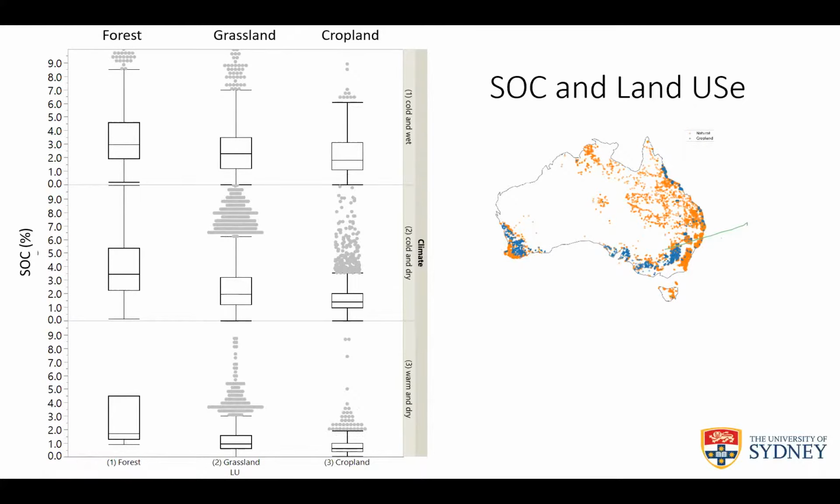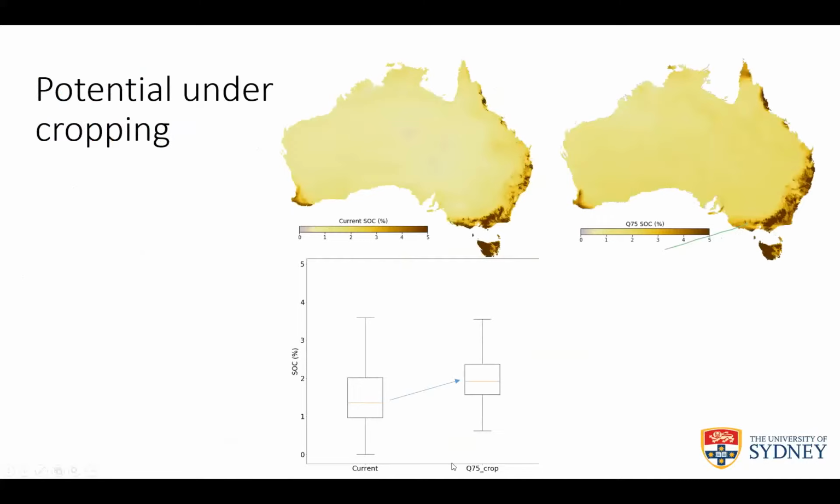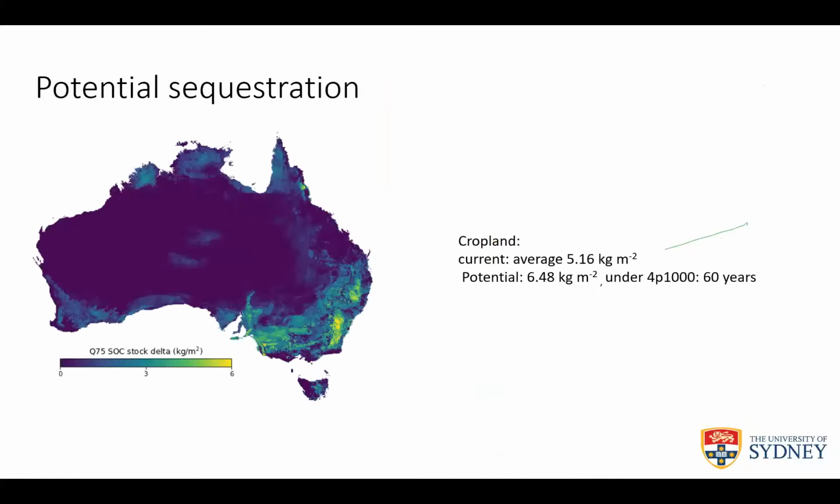So this is what we meant by you have to recognize that this is the current and this is the achievable curve. That means that if you look at the soil texture, the climate, and the land use, you can look at how much you can potentially increase. And this is, for example, our calculation.